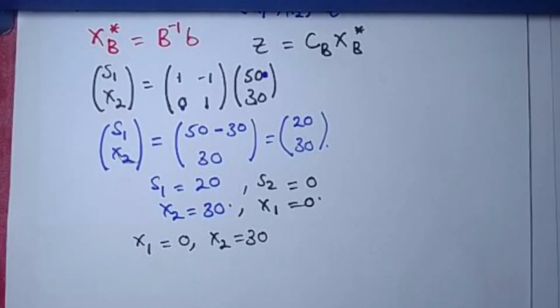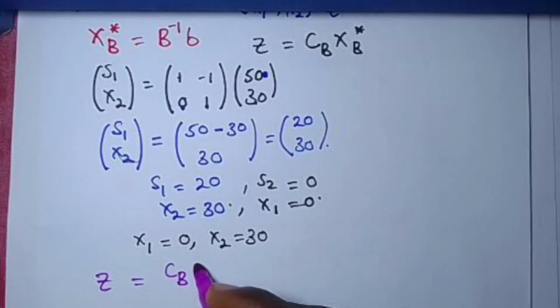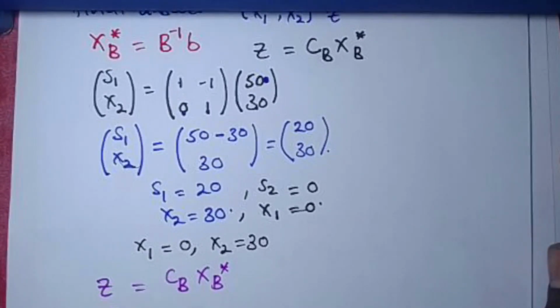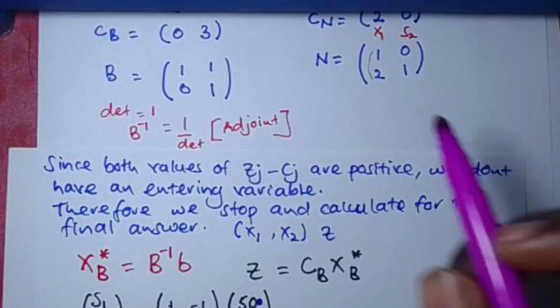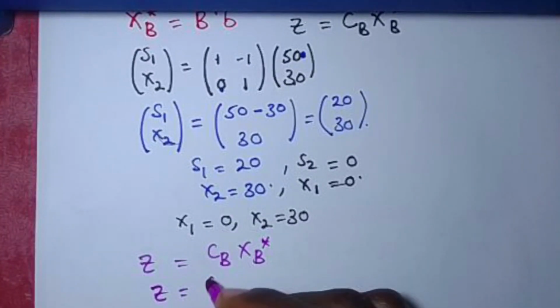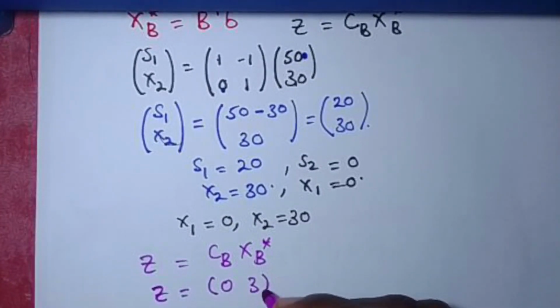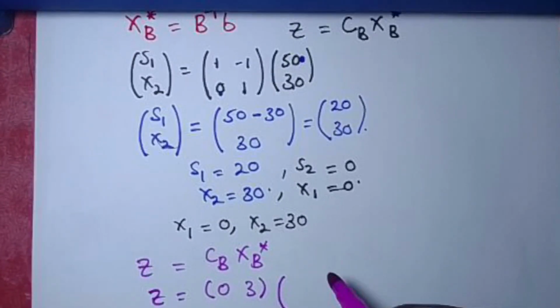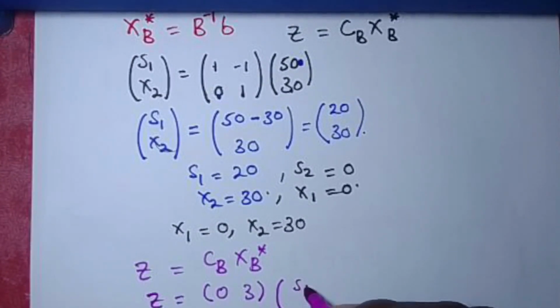So from that we say that Z is going to be equal to CB times XB new. Now Z is equal to our CB, the coefficient of basic we came up with last, which is 0, 3. So we shall write here 0, 3 times X basic. Our X basic new set was S1 and X2.